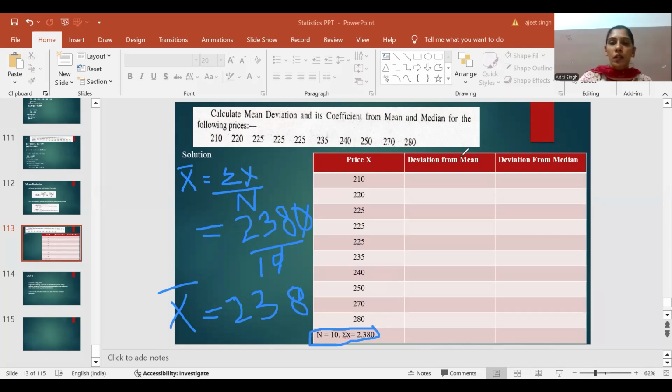Now we will calculate the deviation from mean with the help of this calculated mean, 238.